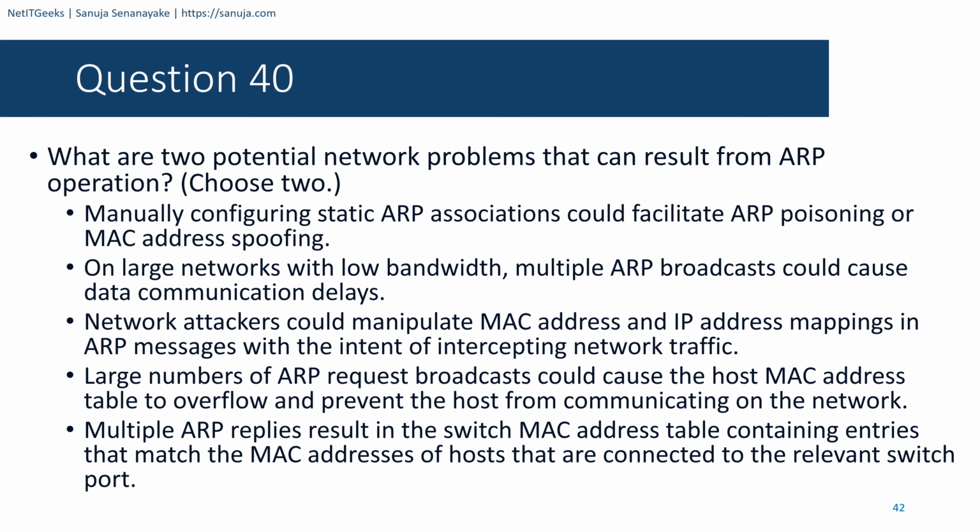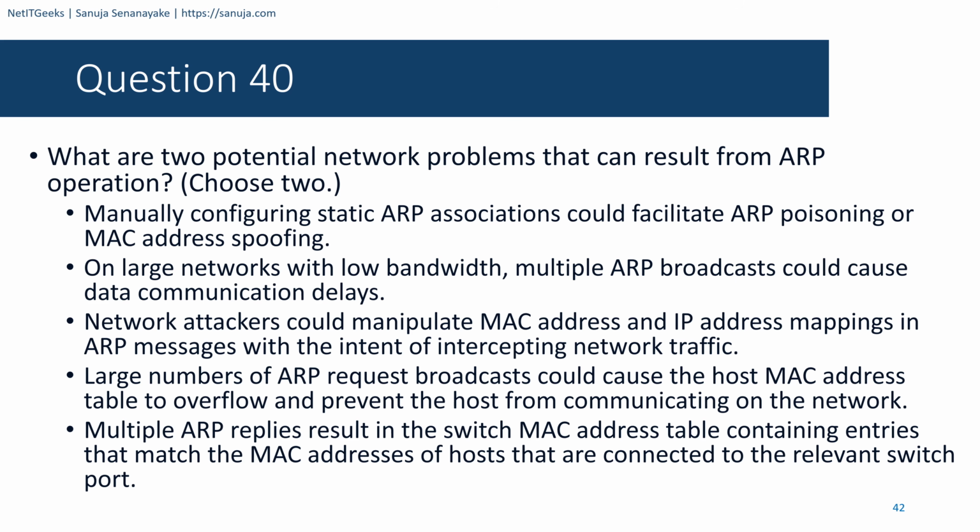A large number of ARP request broadcasts could cause the host MAC address table to overflow and prevent the host from communicating on the network. Multiple ARP replies result in the switch MAC address table containing entries that match the MAC addresses of hosts that are connected to the relevant switch port. So these are the possible answers for two potential network problems.